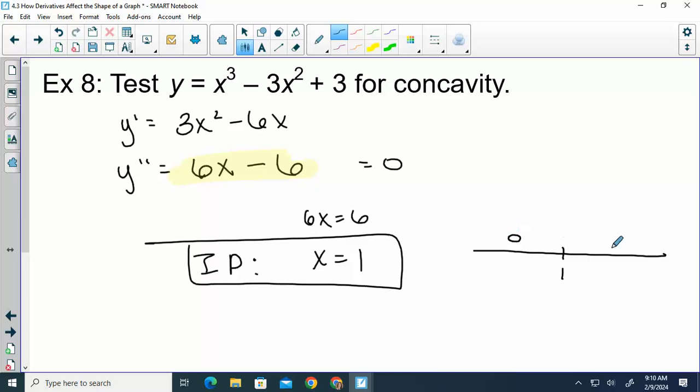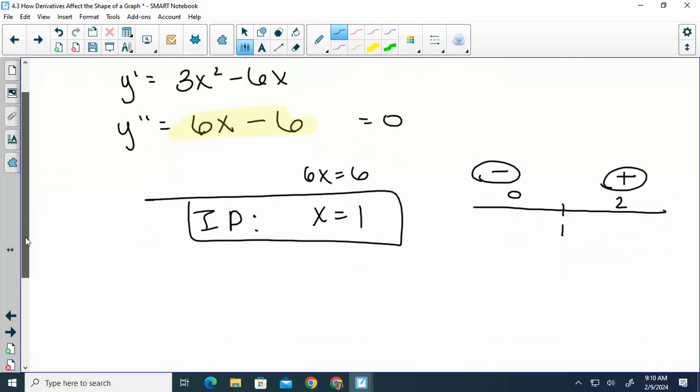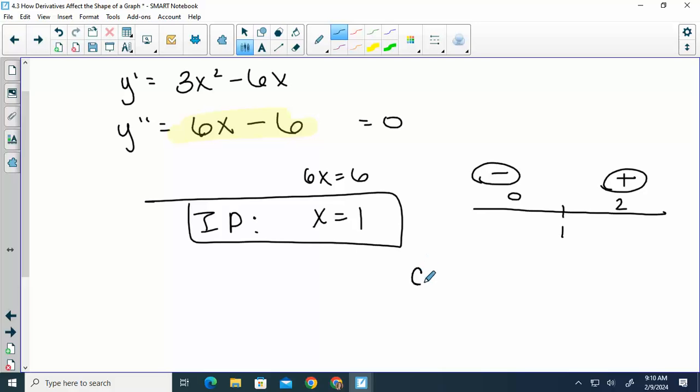So test points. If you put in a 0, you get a negative. If you put in a 2, you get a positive. So that tells me my graph is concave down, where the second derivative is negative. So negative infinity to 1. And it's concave up, where the second derivative is positive.